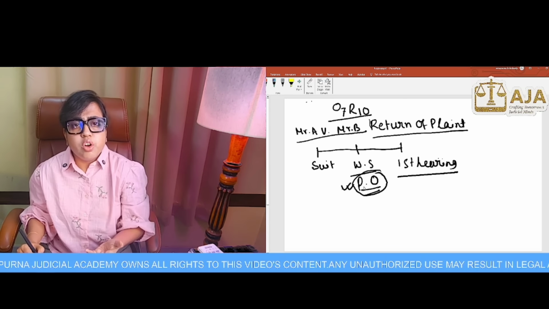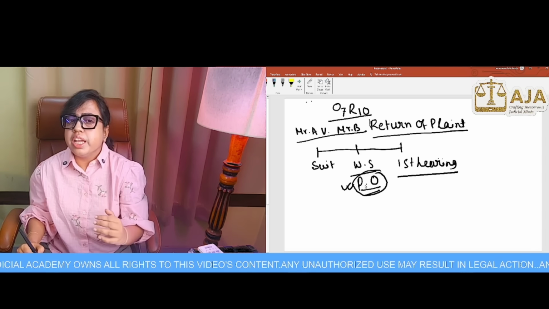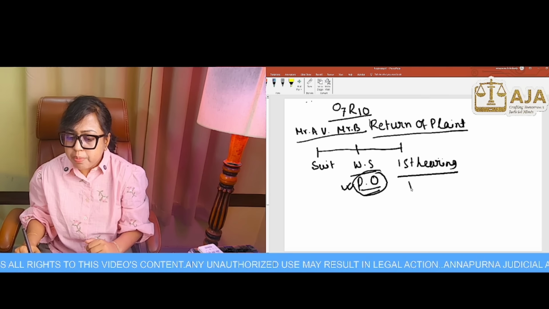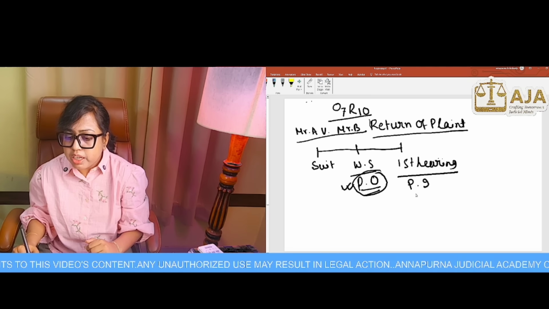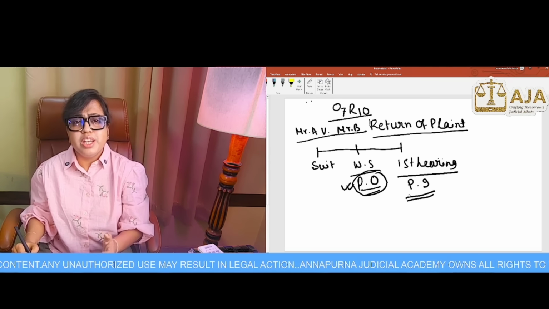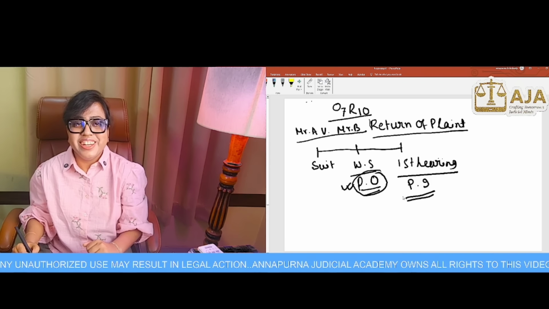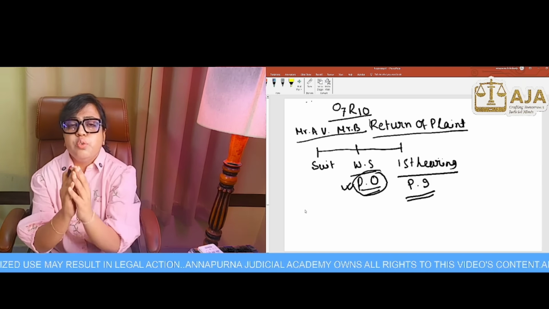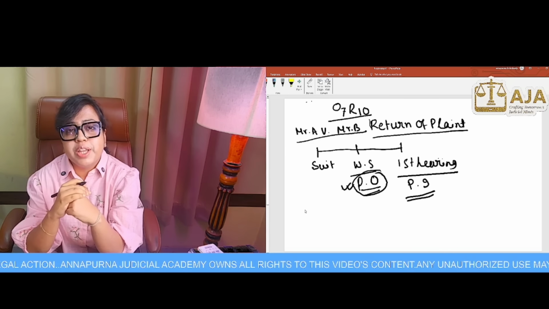So either on first hearing or any other subsequent date, the court will frame a preliminary issue. Now you may ask me, what is a preliminary issue? Who will frame the issue? Always remember that the court will frame the issue.